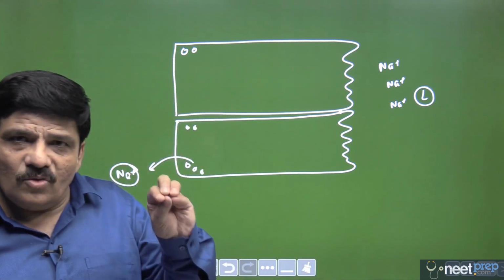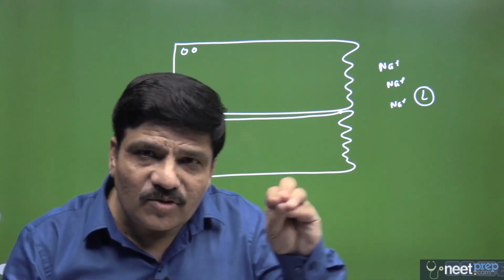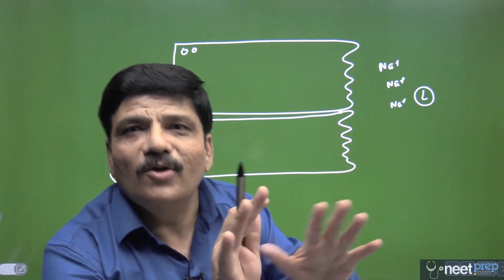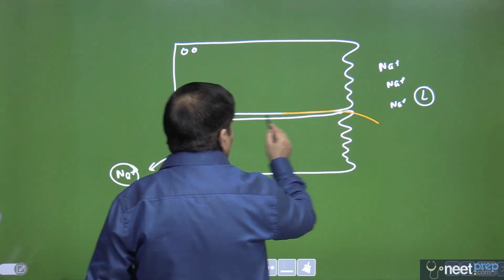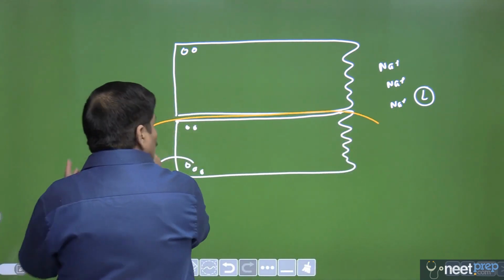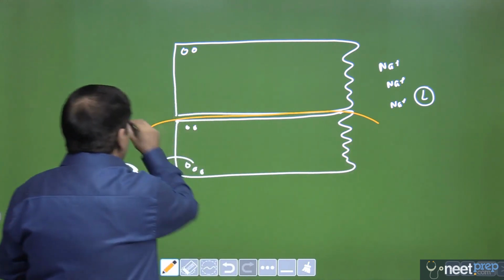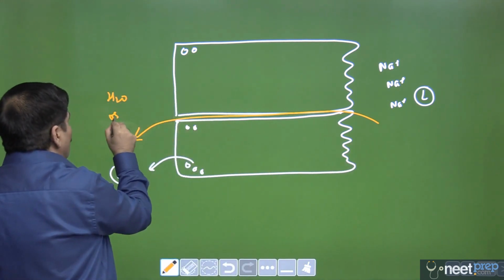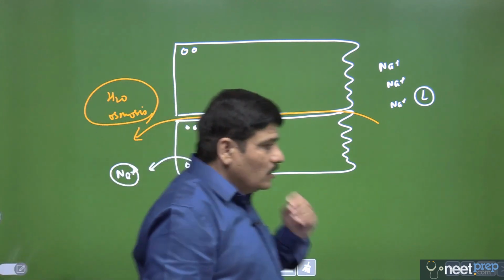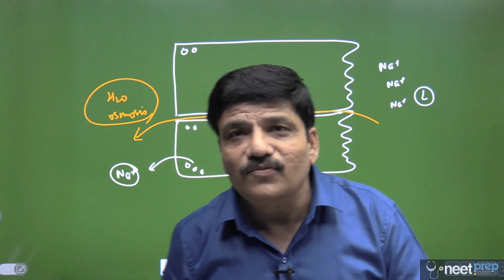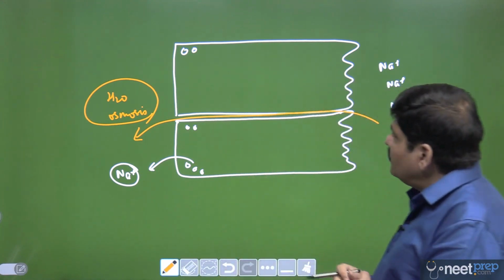So if sodium is transported from A to B, the water will also follow, and therefore we can safely say that water is transported into this part from the lumen, and water is always by osmosis. So it follows the transport of the sodium. I hope this is now absolutely clear.